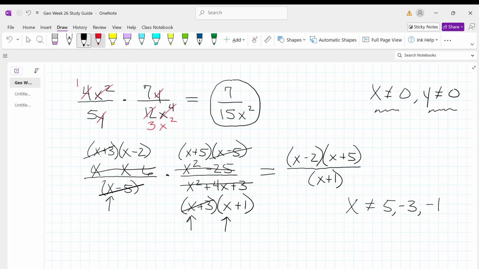Any questions on either of those examples? All right, let's do one more.